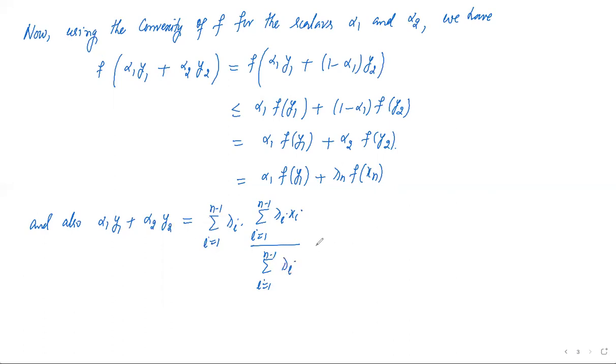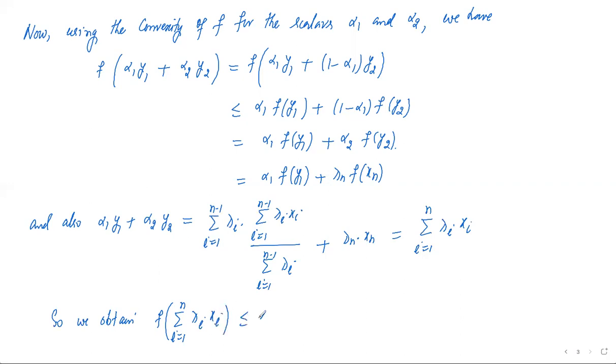So this is alpha 1 y1, then plus alpha 2 equal to lambda n and y2 equal to xn. Now we can cancel out these two terms. So this is the summation, i running from 1 to n, lambda i xi. Therefore alpha 1 y1 plus alpha 2 y2 is the summation of lambda i xi. So from this inequality we obtain f of the summation, i running from 1 to n, lambda i xi.